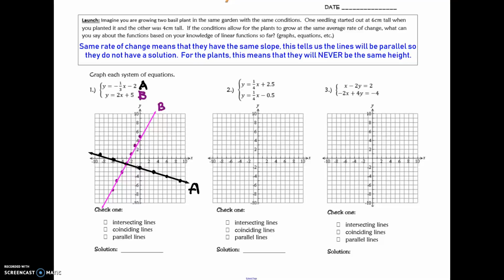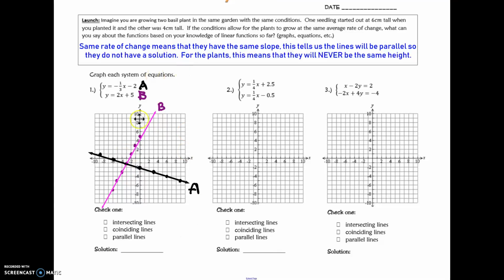Now that you've graphed these two linear functions, please make sure that you've graphed them correctly. Also make sure that each of them have a label and the label is indicated next to the specific function you're referring to. Notice how both of my lines go all the way through the graph, and on all ends of my lines I have arrows.